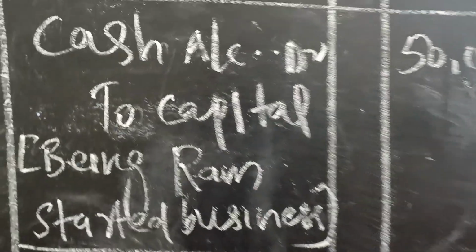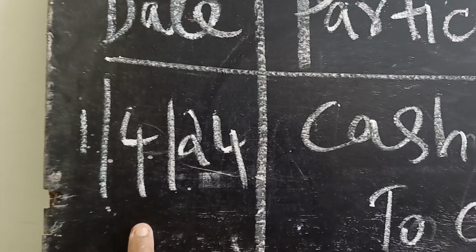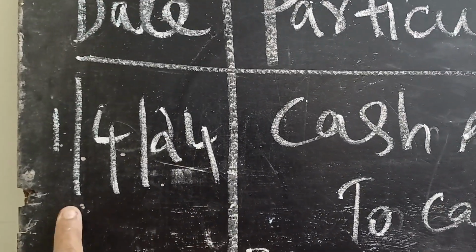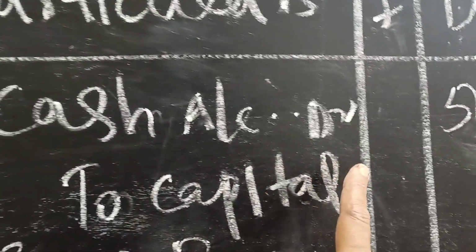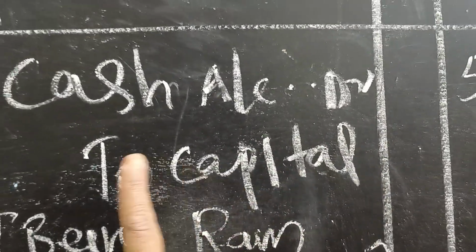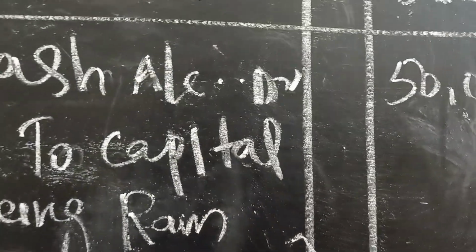So what is the first transaction? Ram started business with cash rupees 50,000. We put the correct date in the date column, 1/4/2024. The journal entry will be cash account debtor to capital. Cash should be debited and capital should be credited. How much amount? 50,000.